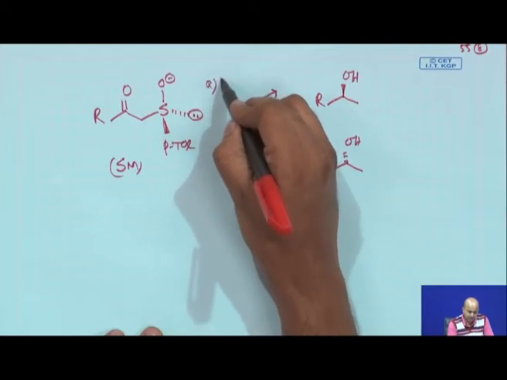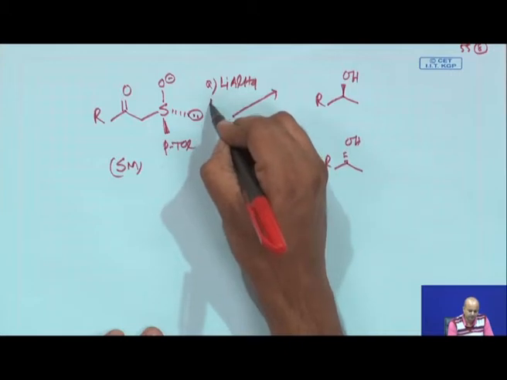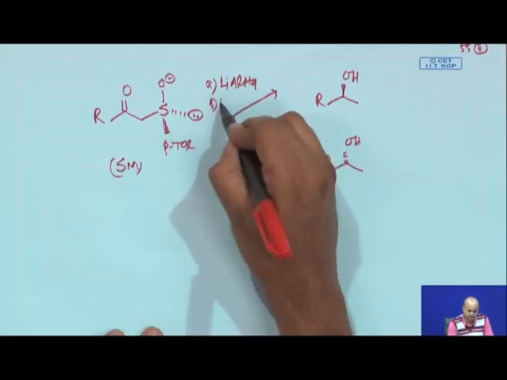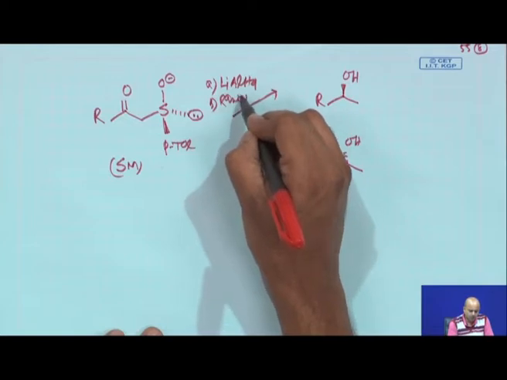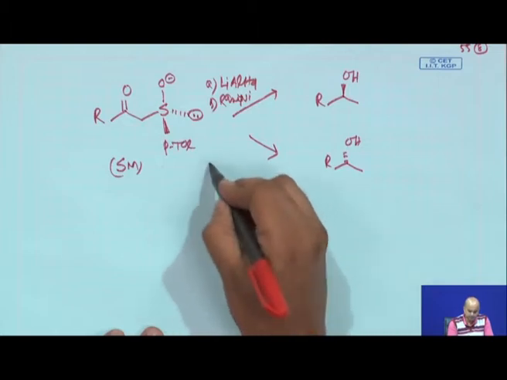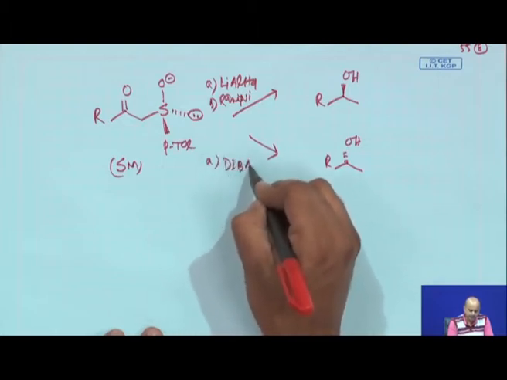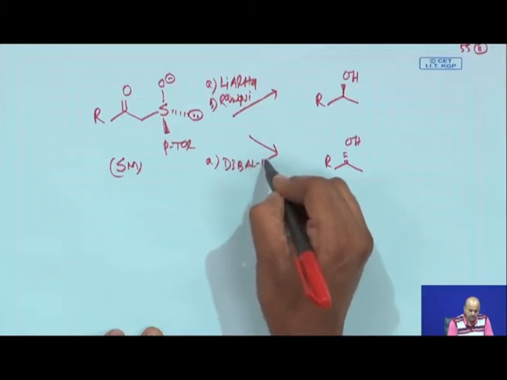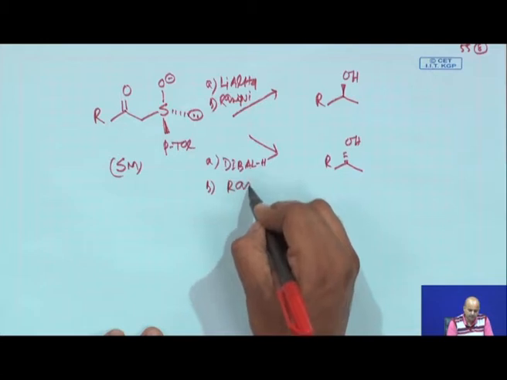In the first case the reagent was lithium aluminum hydride, and I give Raney nickel to remove the sulfoxide bond. In the second case the hydride donor is a little bit different: instead of LAH you use a bulky hydride donor, and the remaining part is Raney nickel.